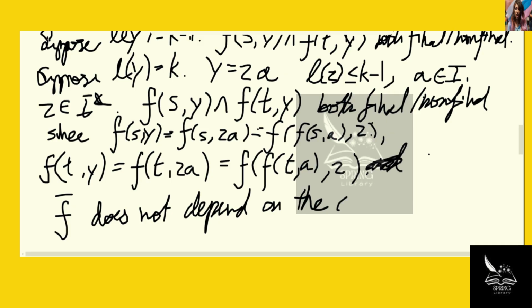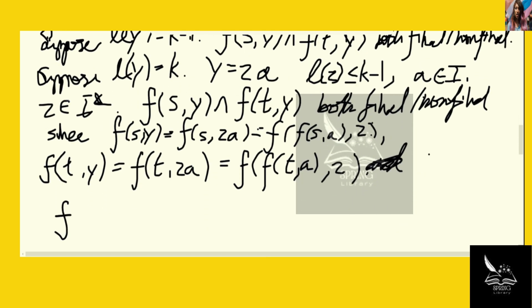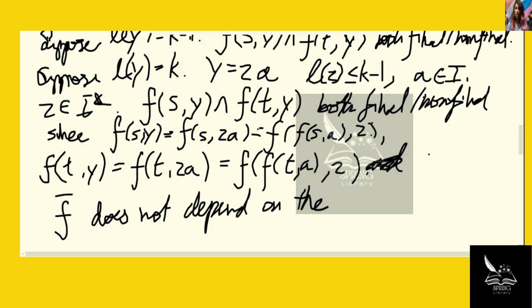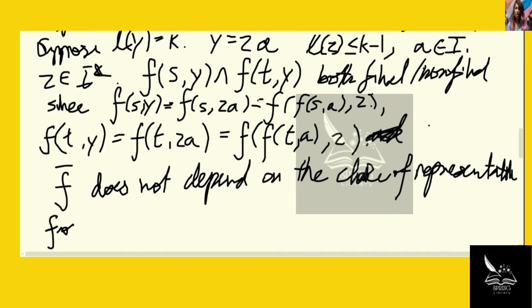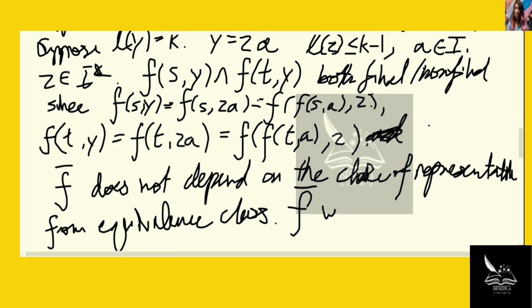Well, we've seen by proving this previous statement that f bar does not depend on the choice of the representative from the equivalence class. Therefore, it follows f bar is well defined.